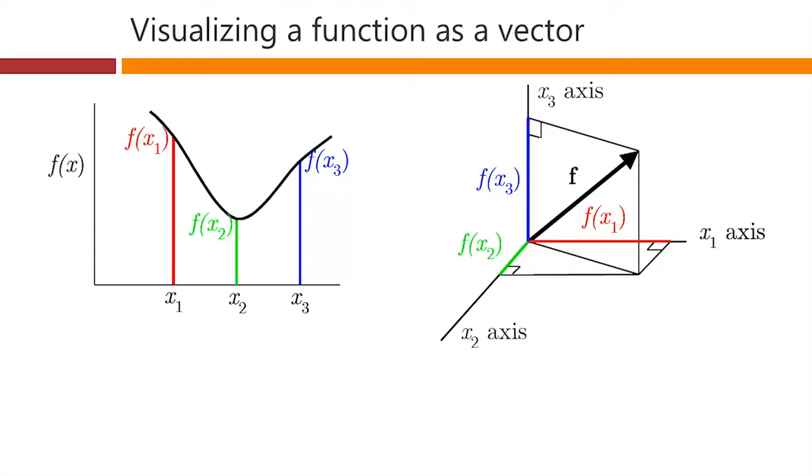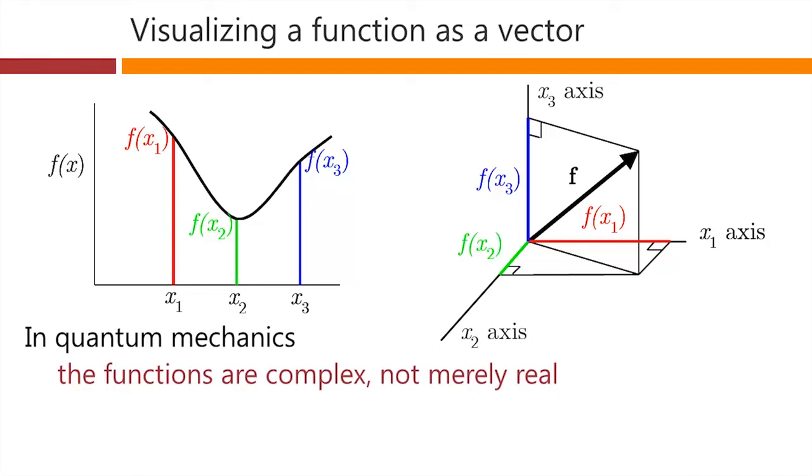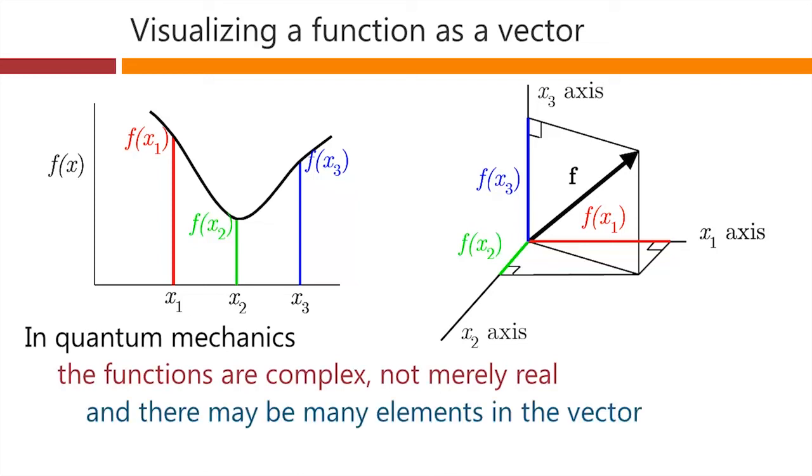Now, of course, in quantum mechanics, one sophistication we have to deal with is that our functions are complex. They tend to have complex values, not merely real ones. And there may be many elements in our vector, or our function, so we have to think about more dimensions here.